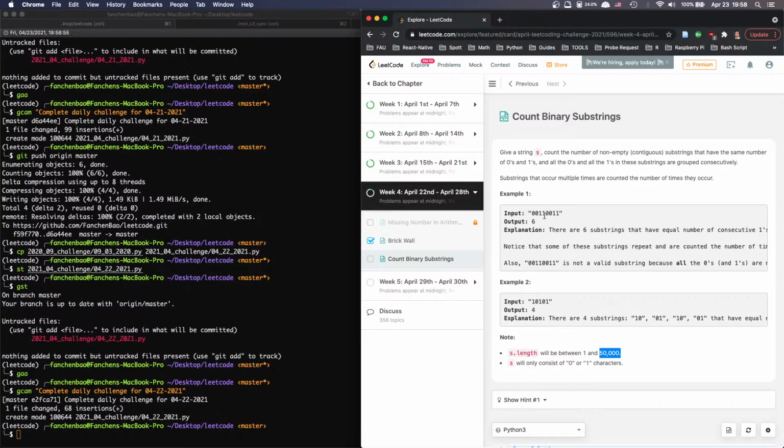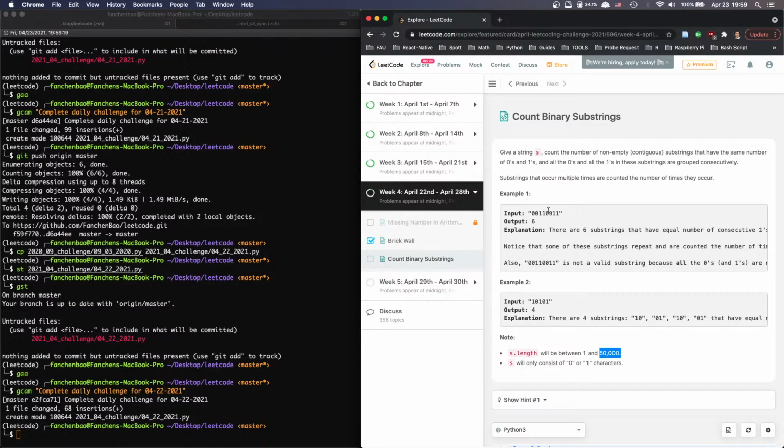And I find the next 1, so we have 2 consecutive 1s. So we can count consecutives, right? That's what we can count. We have 2 consecutive zeros so far, and then we have a 1. Because we know we have 2 consecutive zeros, so that's a 1. And we have 2 consecutive 1s, that means that's another 1.